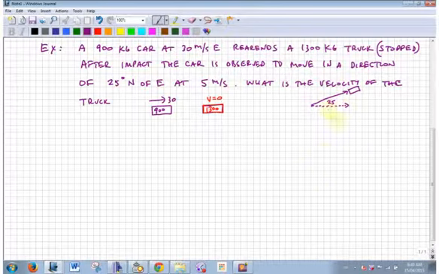There's an X direction, and there's a Y direction. What happens with the truck? I want to know its velocity. That's the question.